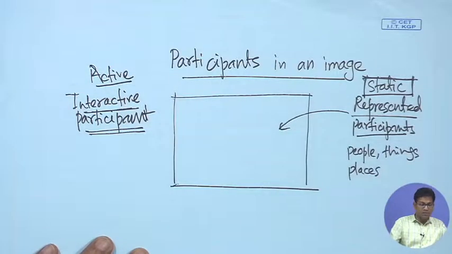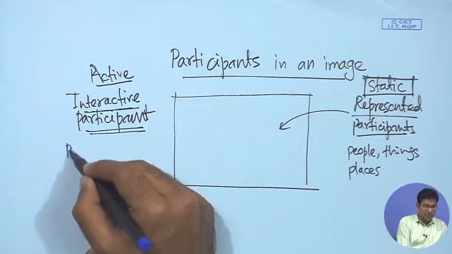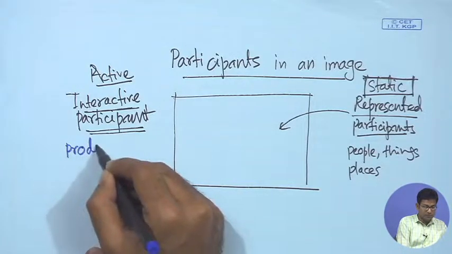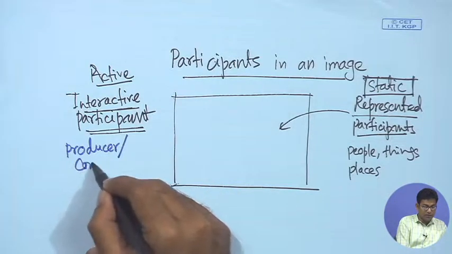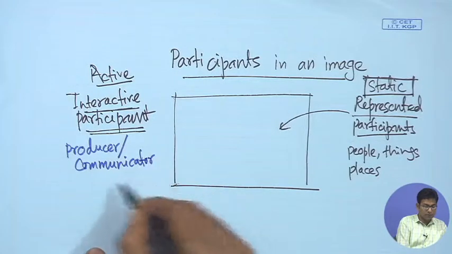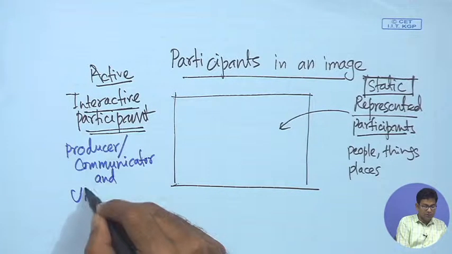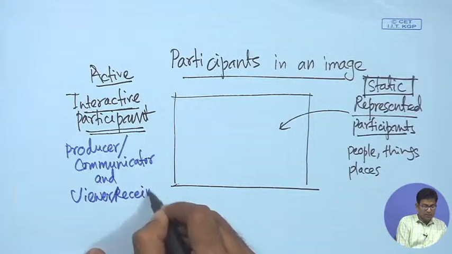And who are these participants? They are nothing but the producer of this image or the communicator and the viewer or the receiver.